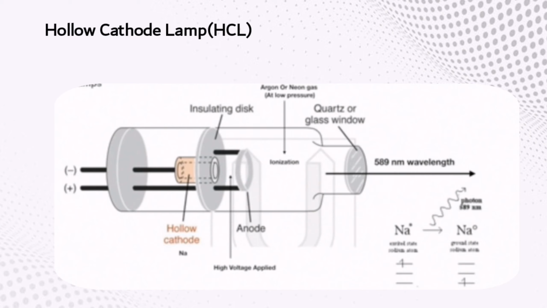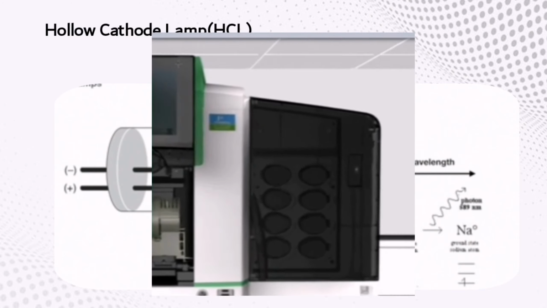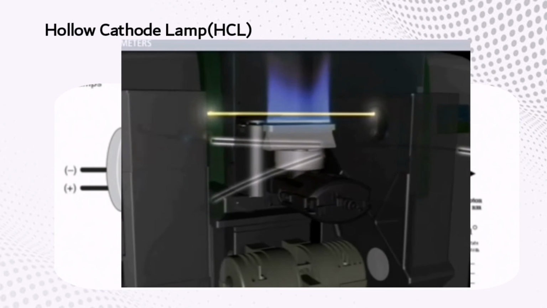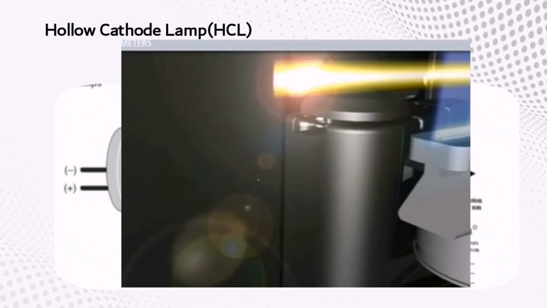This wavelength of energy passes out of the hollow cathode lamp. That is, from a sodium hollow cathode lamp, 589 nanometer radiation passes out, and this falls on our sample. This is the first part of the instrument.